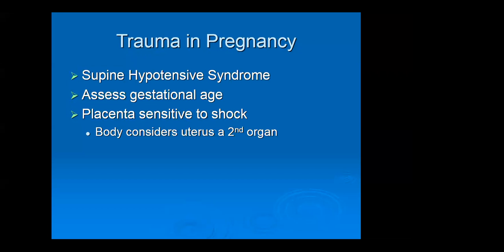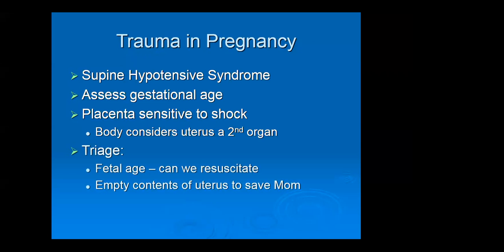So it's going to do what it can to focus on mom, and again, fall into a triage role here, especially when we find out that gestational fetal age, is this going to be a viable second patient if delivered, or is that something that is not going to be possible?